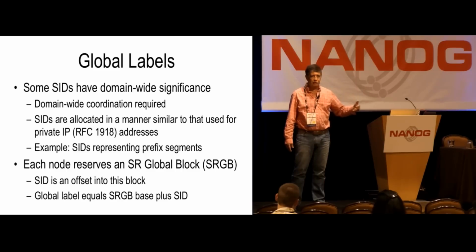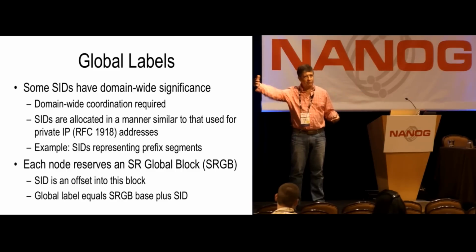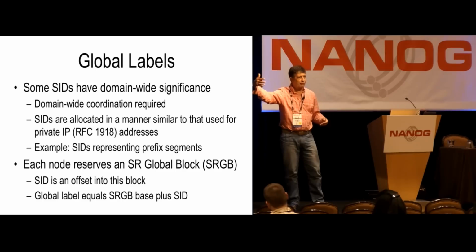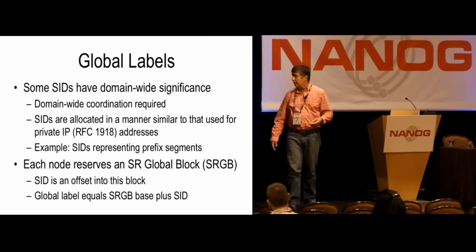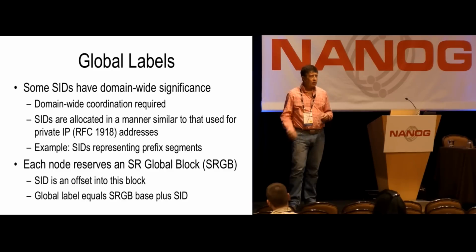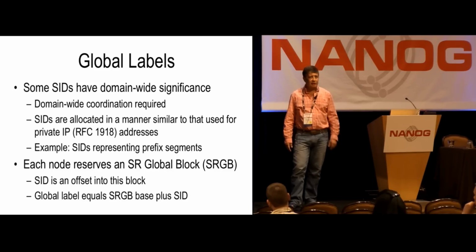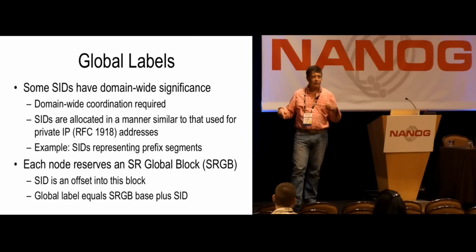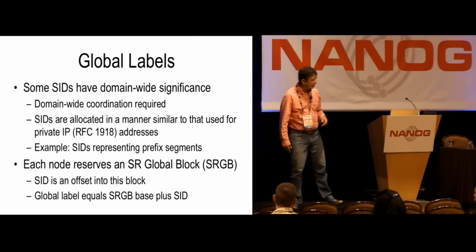This vendor might reserve 1,000 through 2,000. That vendor might reserve 5,000 through 6,000 or 5,000 through 7,000. So they call this range the segment routing global block, the SRGB. And the SID is actually an offset into that block. That's how you calculate the labels. And we'll see that in an example in a second.